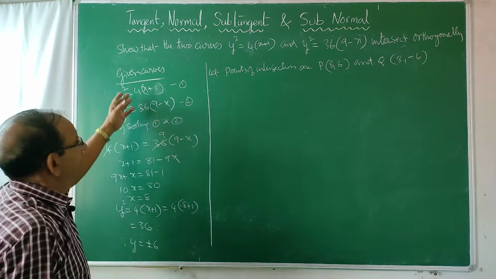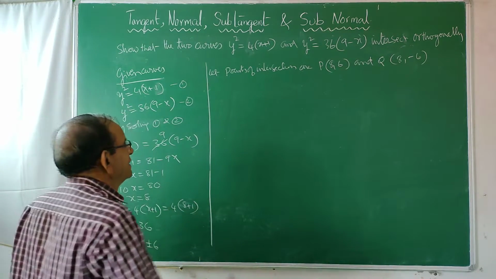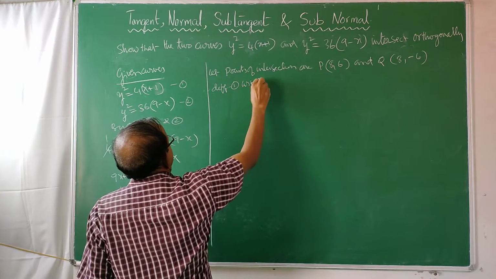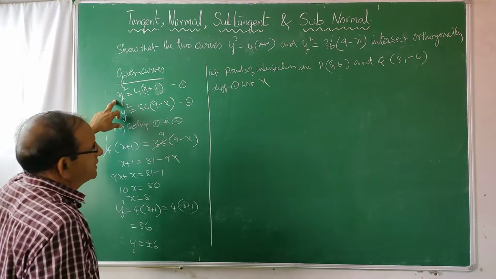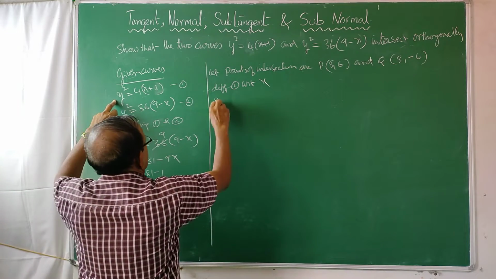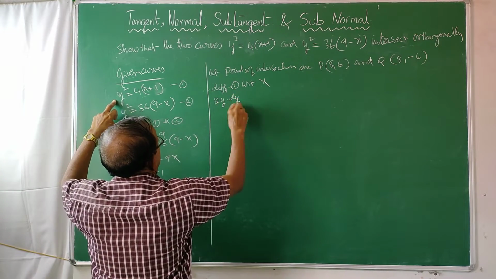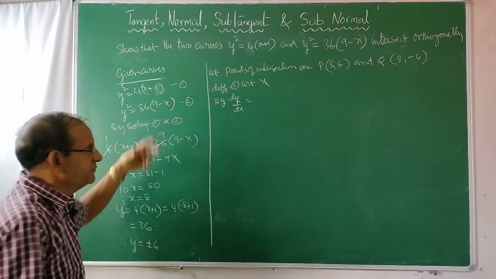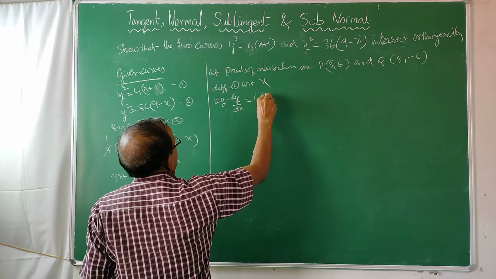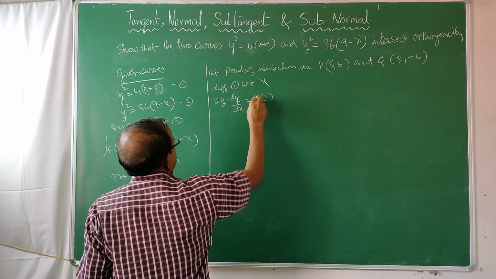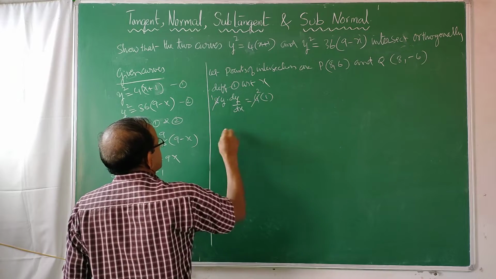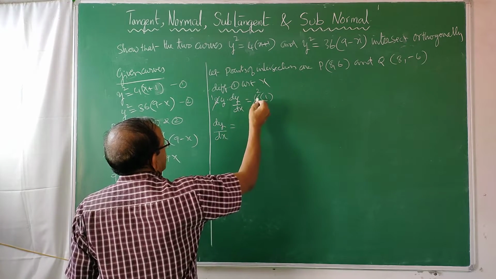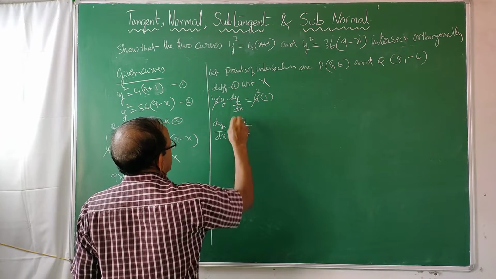Now let us find out the derivatives for both the curves. Differentiate 1 with respect to x. This equation y square derivative 2y into dy by dx. This is 4x plus 4. 4x derivative 4 into 1, plus 4 derivative 0. You can cancel 2 on both sides. So dy by dx is equal to 2 by y.